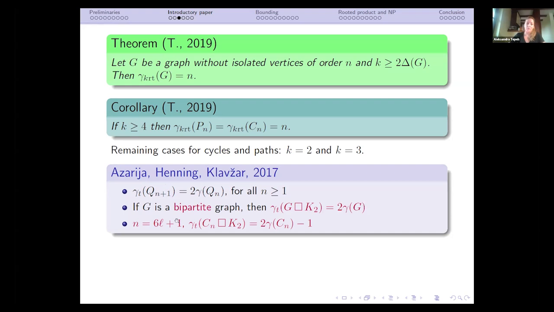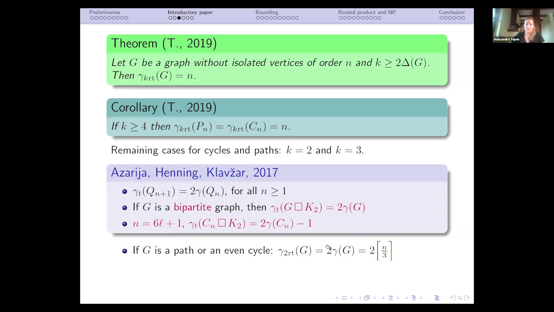And I also considered cycles of length 6 times something plus 1, and they obtained this. So from this result, it is easy to derive a formula for paths and even cycles, because gamma is known for those.